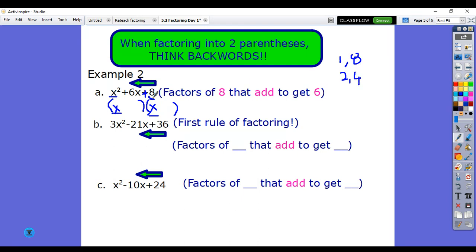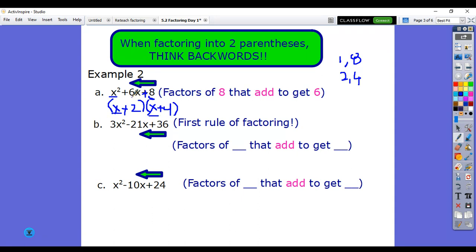If you always list the factors of the constant, you're always going to find the right situation. And to get positive 6, I need plus 2, plus 4. They multiply to get 8, and then 2x and 4x, the middles combine to get the middle.